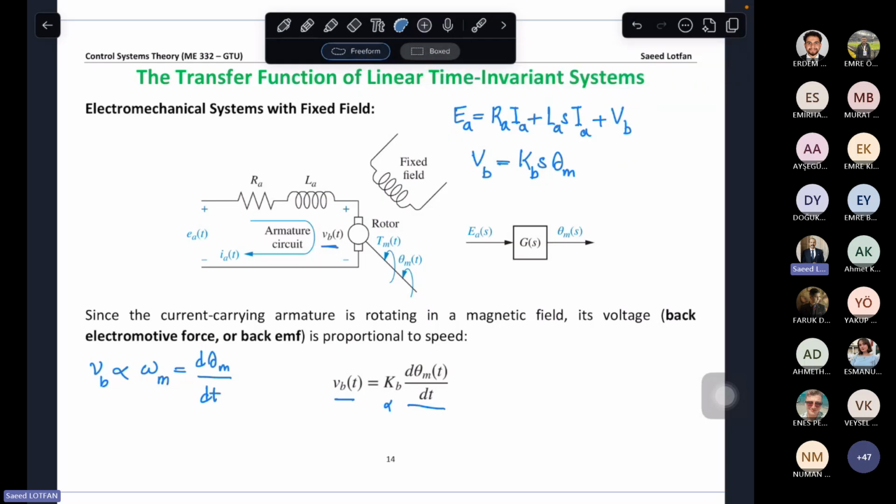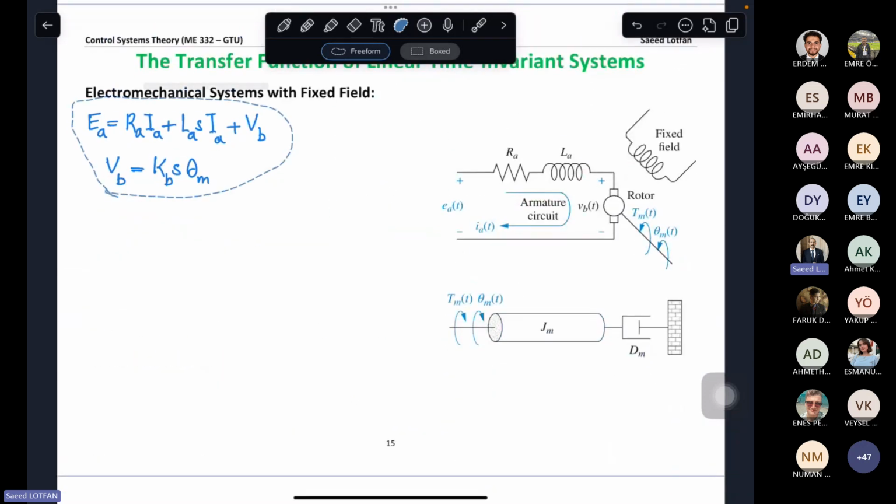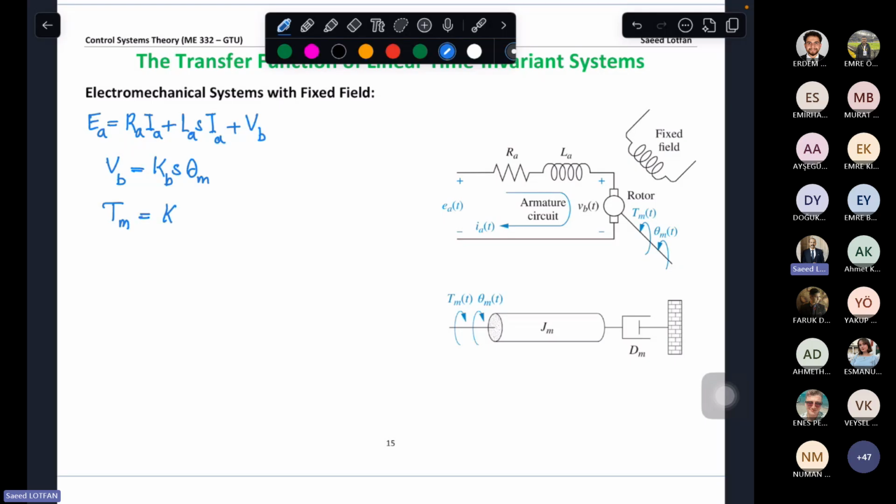Clear until here? That is how we wrote these two equations. What else can I write? Another assumption is that the torque in the motor is related to some constant multiplied by the current in the armature and the current in the field.